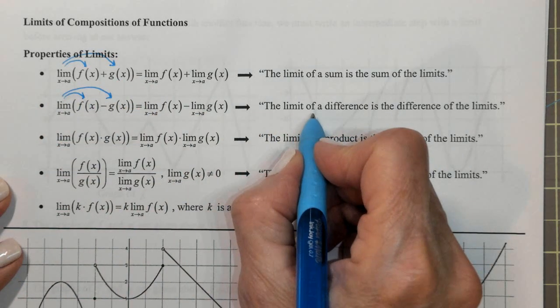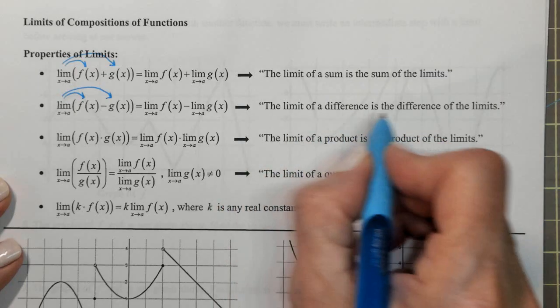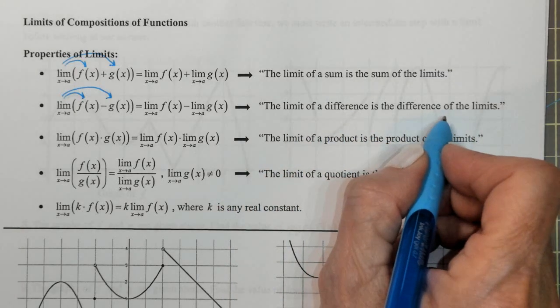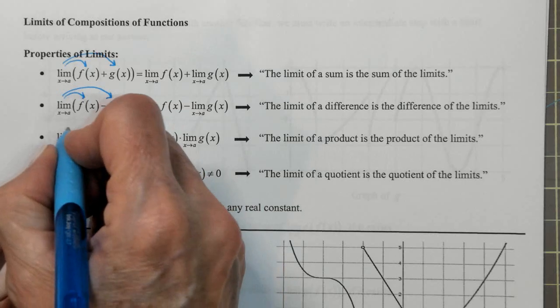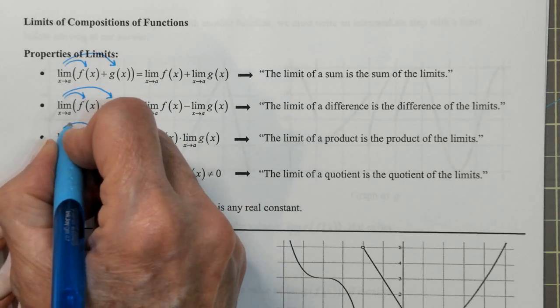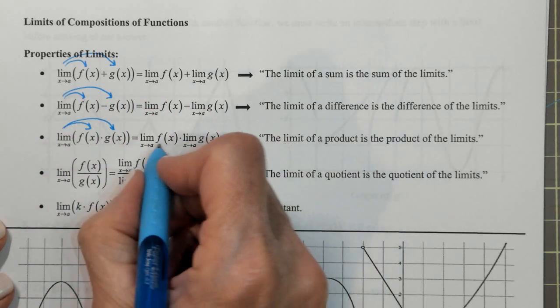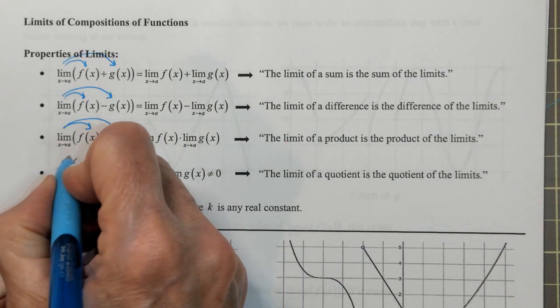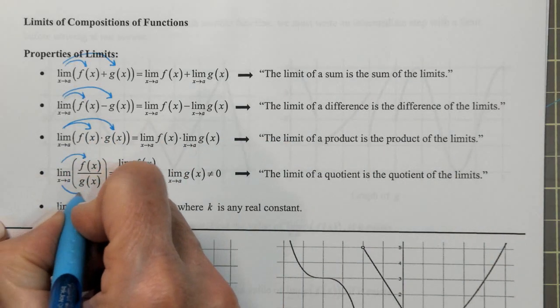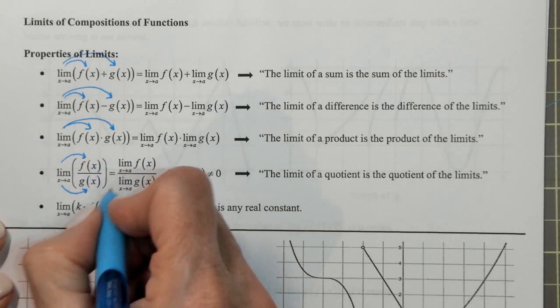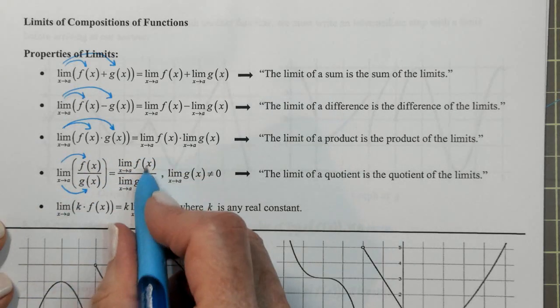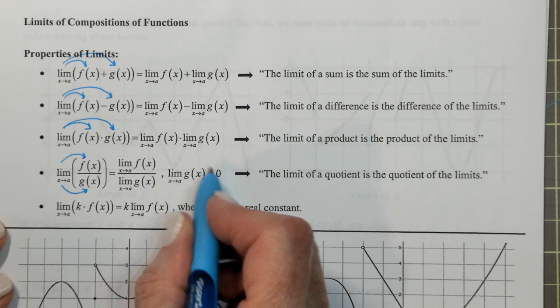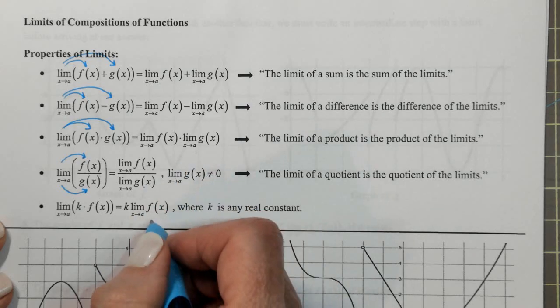The limit of a difference is the difference of the limits. Same thing with a product: a limit of a product is the product of the limits. And the limit of a quotient is the quotient of the limits as long as that limit is not 0.